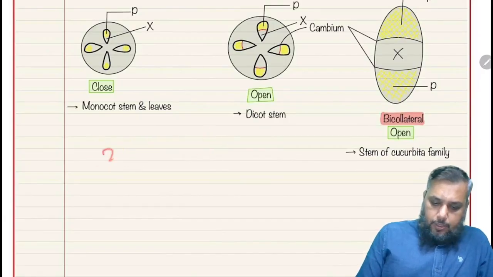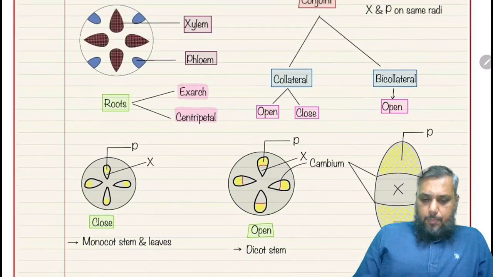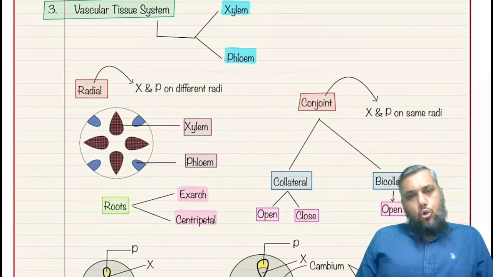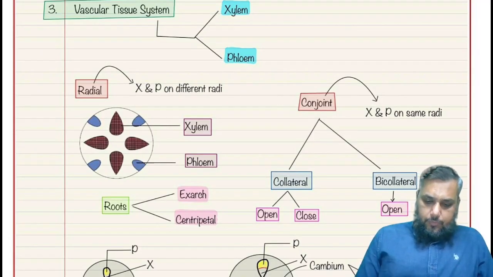I'm sorry, the third type is called concentric. So you've got three types. The three types are radial, conjoint, and concentric.